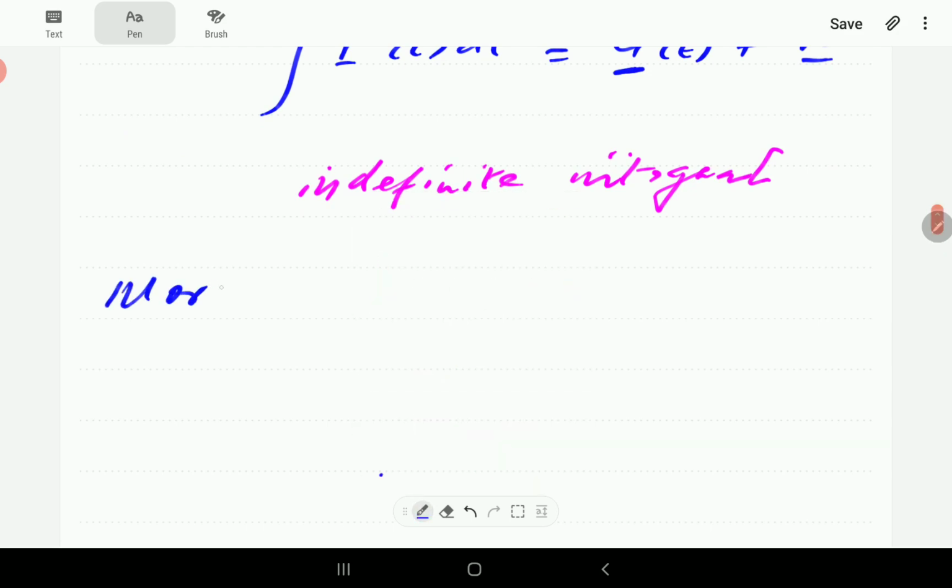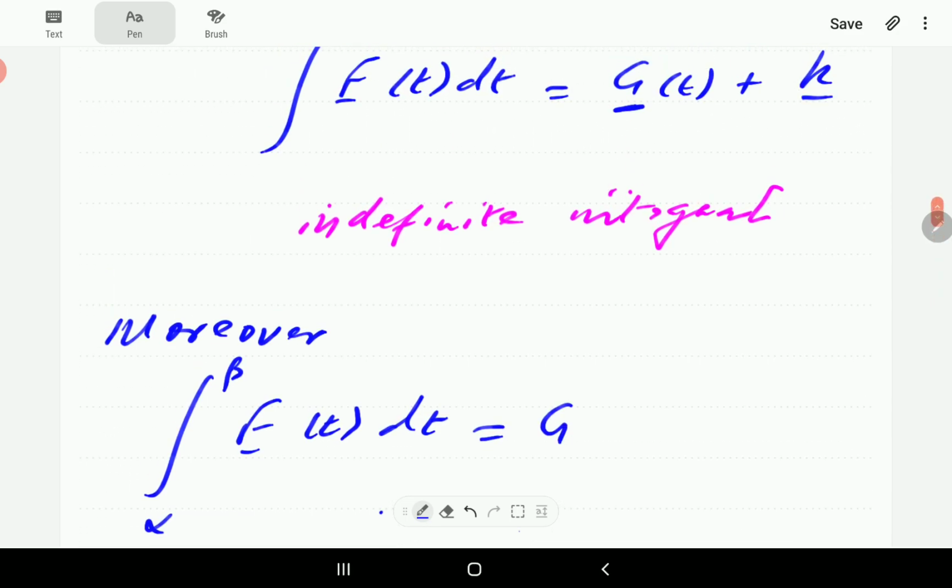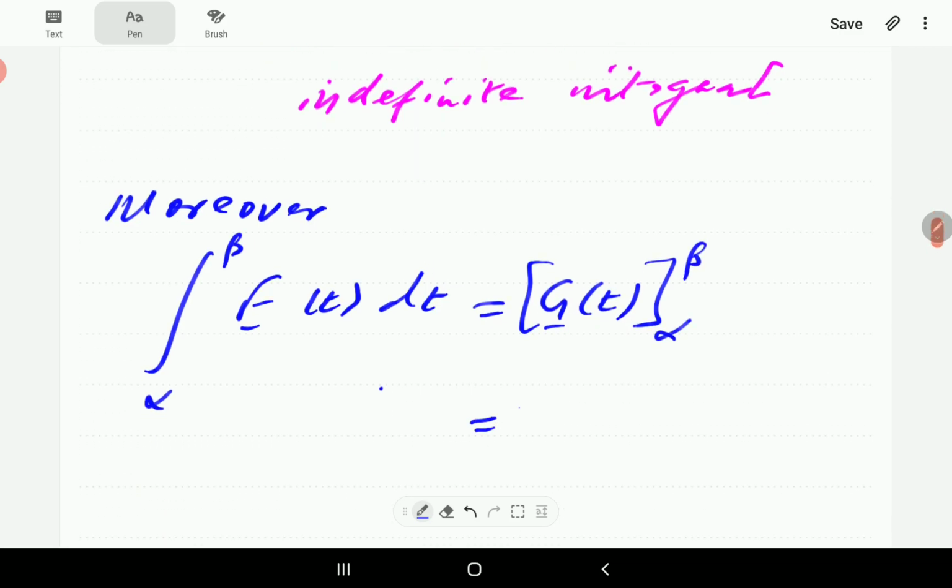And then also, moreover, the integral of f from t equal to alpha to t equal to beta is going to be the vector g evaluated between alpha and beta, and this is going to be g of beta minus g of alpha.